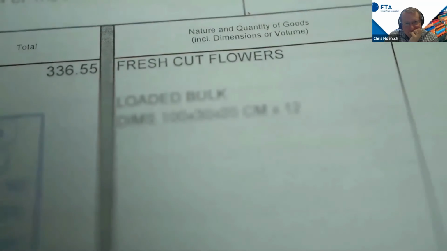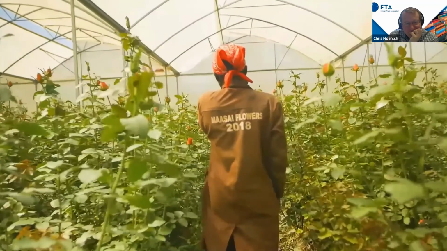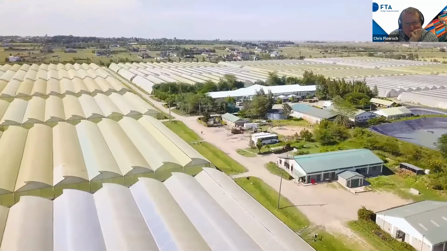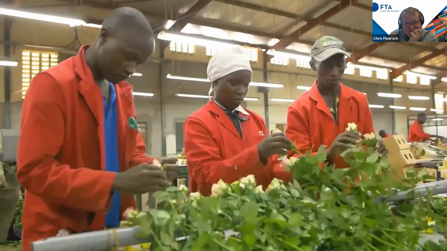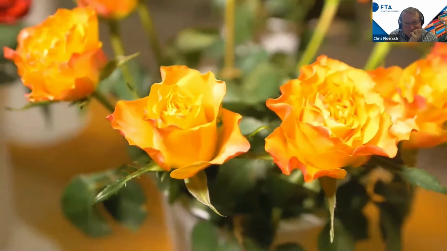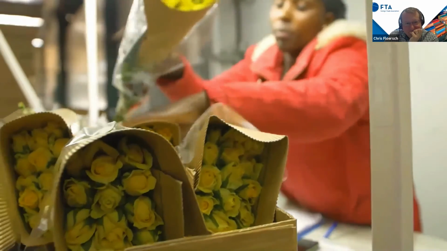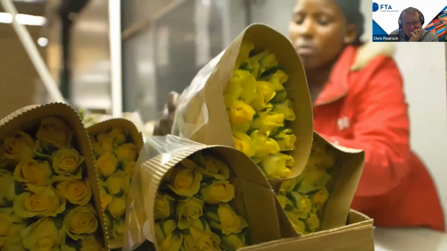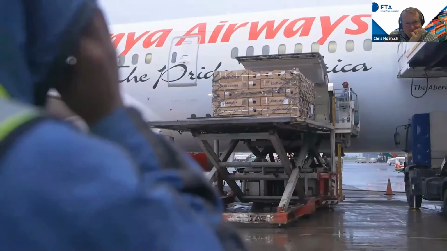We want to make it simple for businesses to trade better so that they focus on their core business. If it's a flower farm, their core business is to grow flowers and sell the flowers, and therefore make the entire pipeline work for them to ensure that the flower or the fruit gets to the market in the shortest time possible.